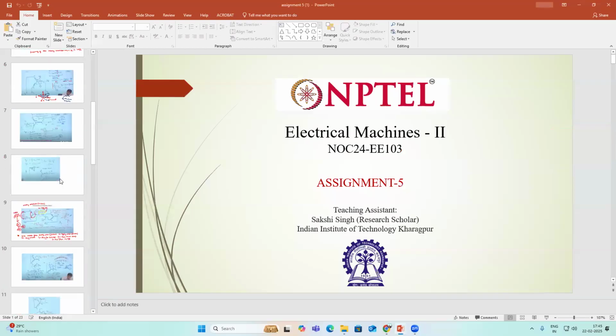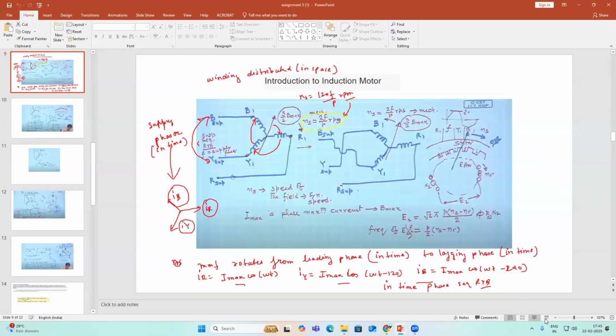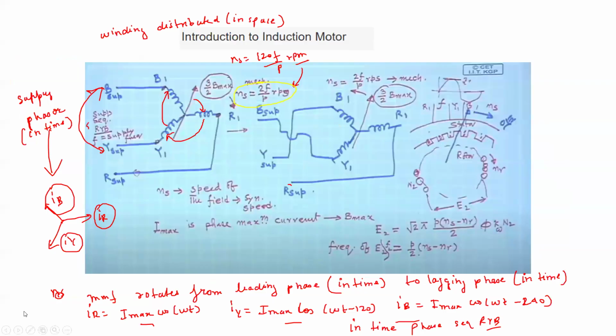So coming back here, this is the relation between frequency and speed in RPS. Here also, if we talk about E1, we have seen it in the last class.